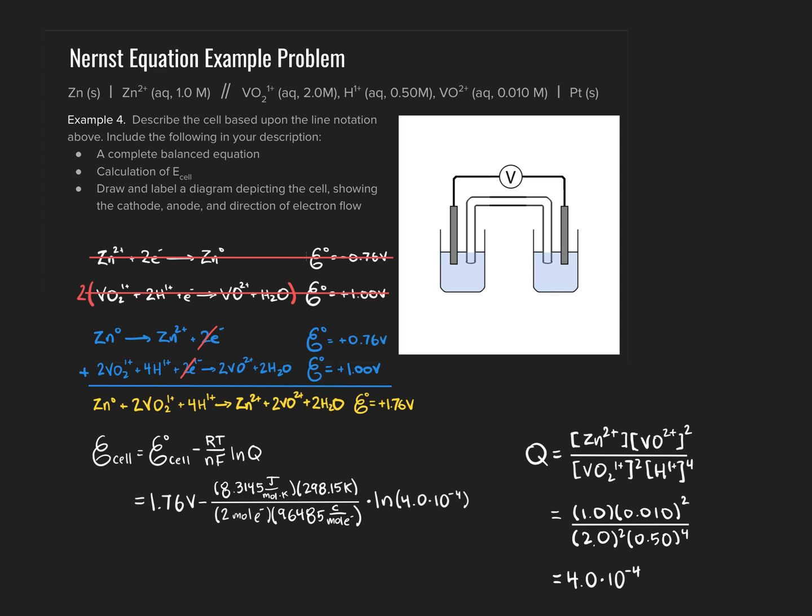We're going to divide that now by the 2 for the number of moles of electrons which were present in our system, and also in our denominator here the value of Faraday's constant, that is 96,495 coulombs per mole of electrons. And that entire ratio is going to be multiplied by the natural log of our reaction quotient Q, which in this case is the natural log of 4.0 times 10 to the negative 4th.